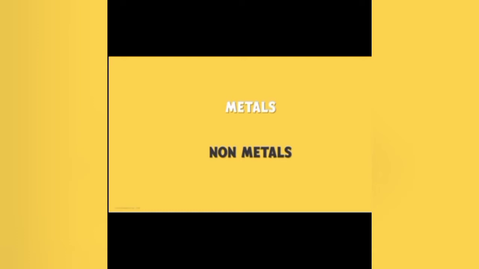So students, iron, oxygen, magnesium are examples of elements, and elements can be classified into metals, non-metals and metalloids depending upon their physical and chemical properties.